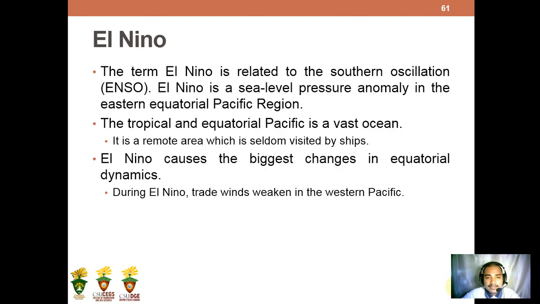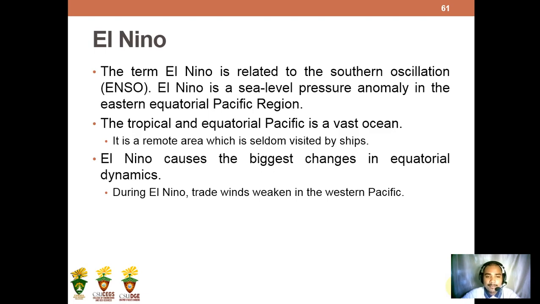So when we say El Nino, it is the term related to the Southern Oscillation, or ENSO. It is a sea level pressure anomaly in the eastern equatorial Pacific region. El Nino occurs in places that experience heat from the sun, such as tropical countries or countries near the equator.